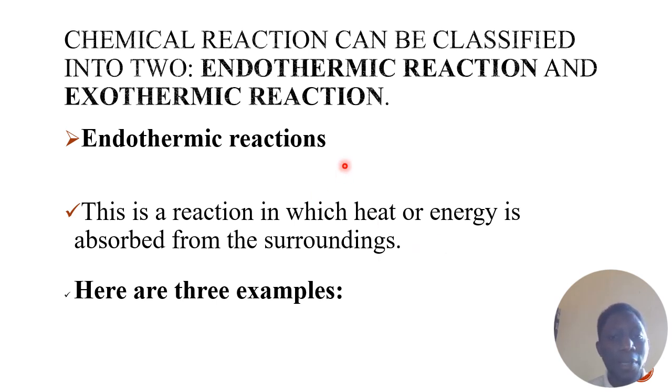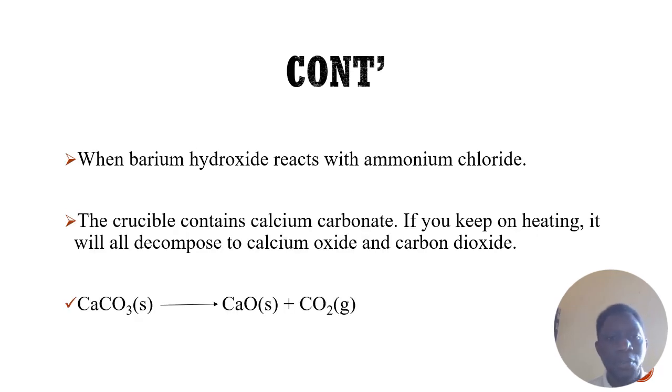This type of endothermic reactions, it is a reaction in which heat or energy is absorbed from the environment, from the surroundings. Here we have different examples of endothermic reaction. When barium hydroxide reacts with ammonium chloride, this reaction is endothermic. There is absorption of energy.